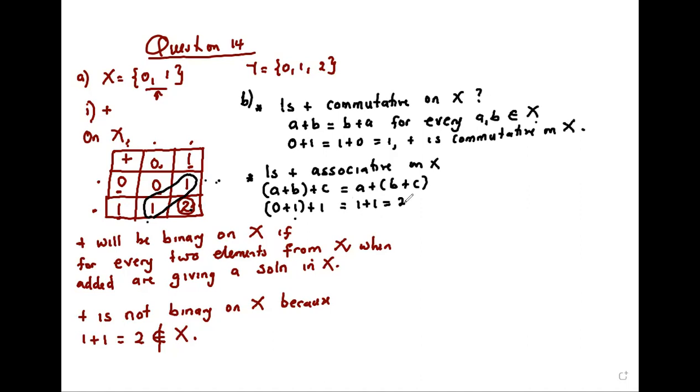Now, if we pick 0 plus 1 plus 1, we will get 0 plus 2, which is 2. So for such an arrangement, whichever way I switch the numbers, whichever way I pair my addition, I will still get the same value. So this means that plus is associative on X.